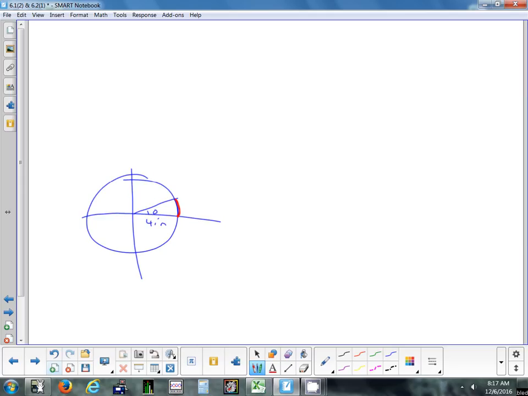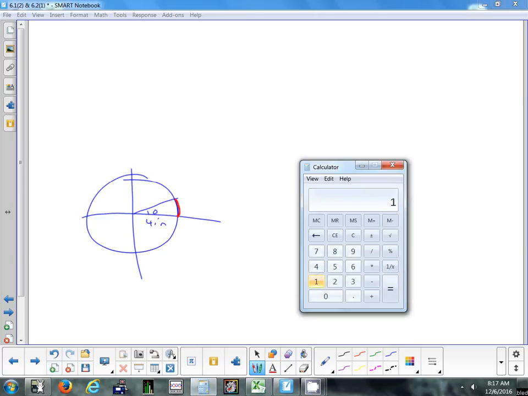Well, this arc is formed by an angle of 10 degrees. That's 10 degrees out of a total of 360. So I'm taking up a little less than 3% of the whole circumference. So if I knew the whole circumference, I would just have to multiply it by 2.8%, or 0.028, and that would tell me how much of the arc I have.